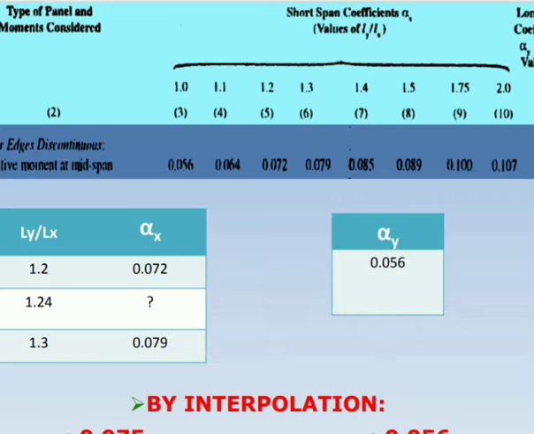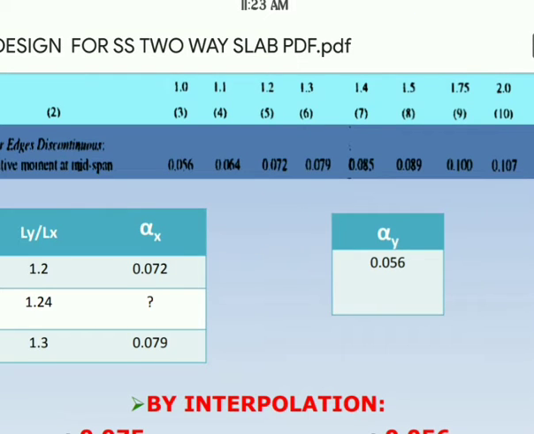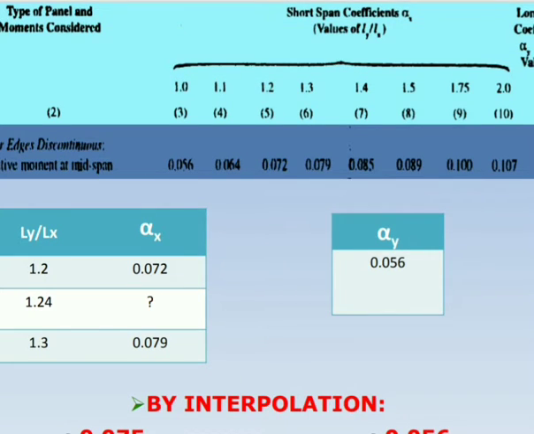Okay, for 1.2, what is the alpha x value? 0.072. And for 1.3, here you have to check 1.3. For 1.3, what was the value? 0.079. Then our effective Ly by Lx ratio is 1.24. Hence, by interpolation we can find alpha x.